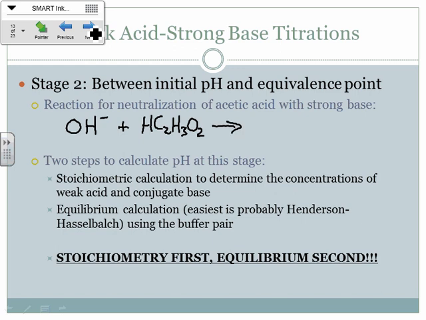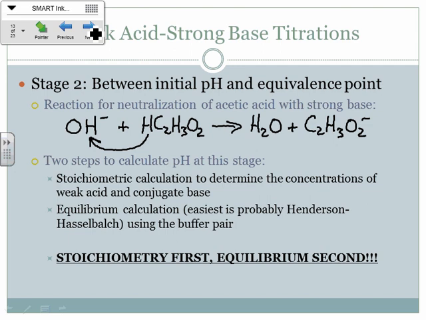Well, what's going to happen there? It's going to make H2O, because this hydrogen is going to come over here. So now you make water and C2H3O2 minus. Interesting. So we're kind of making a buffer solution here.